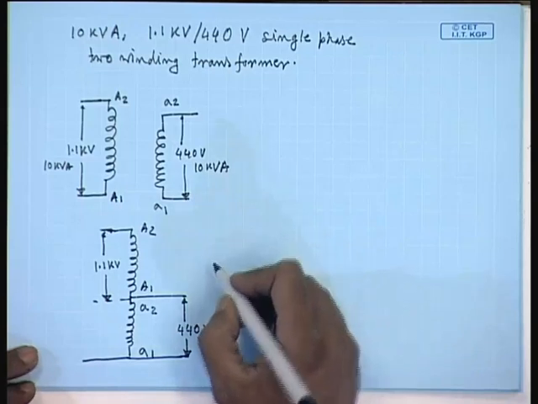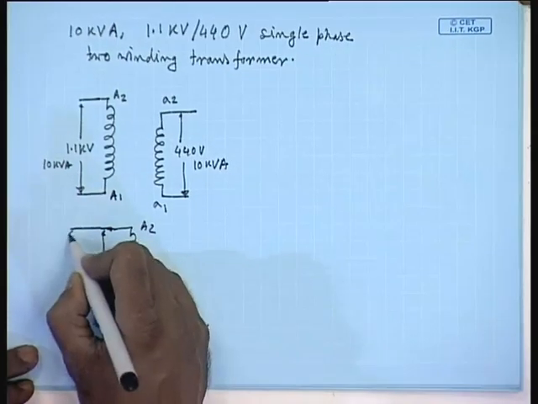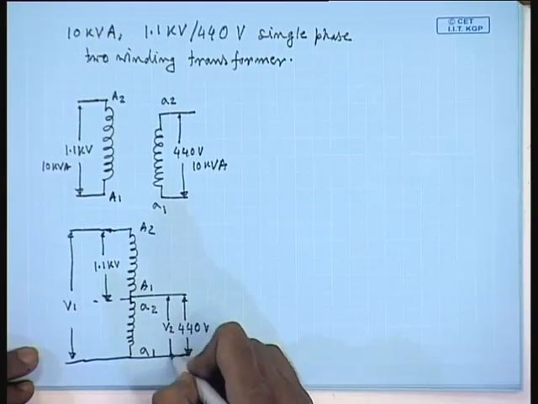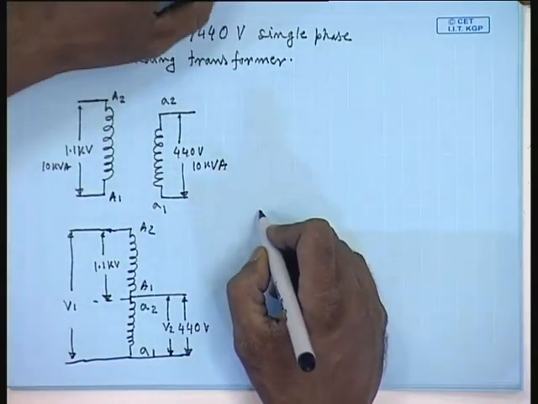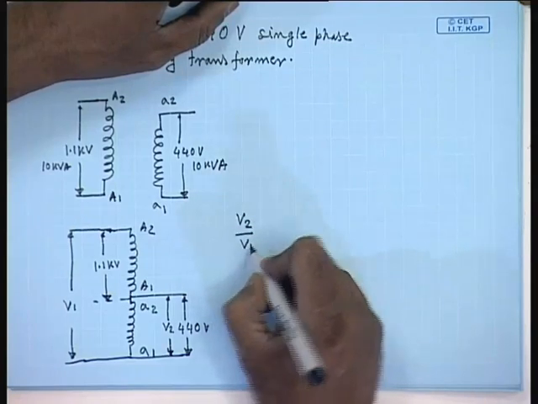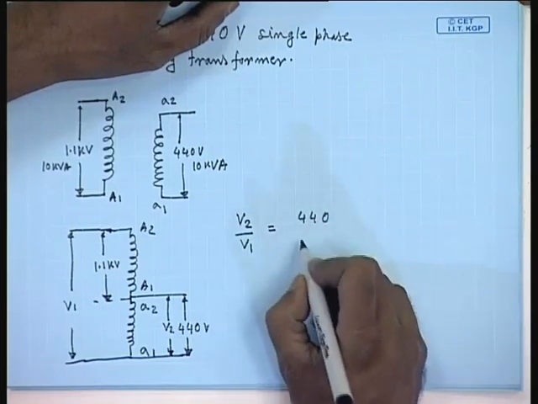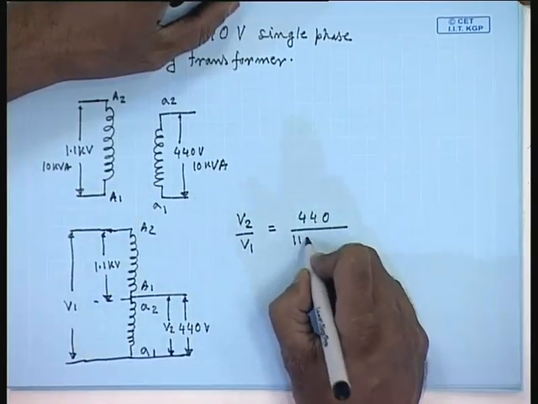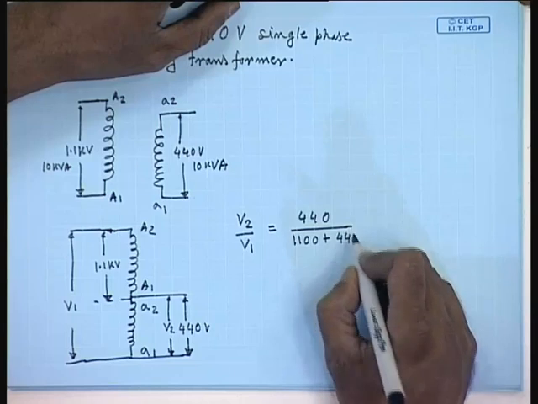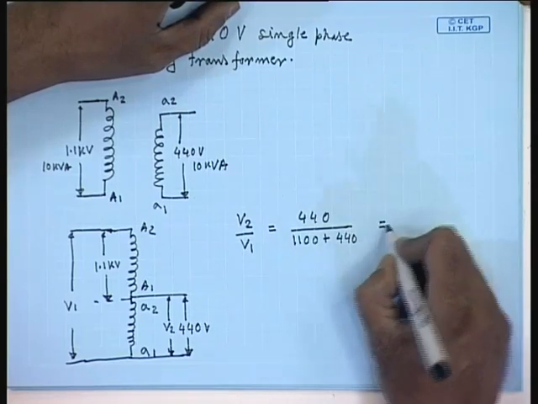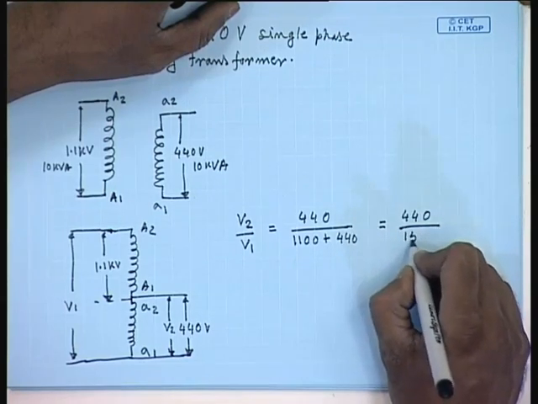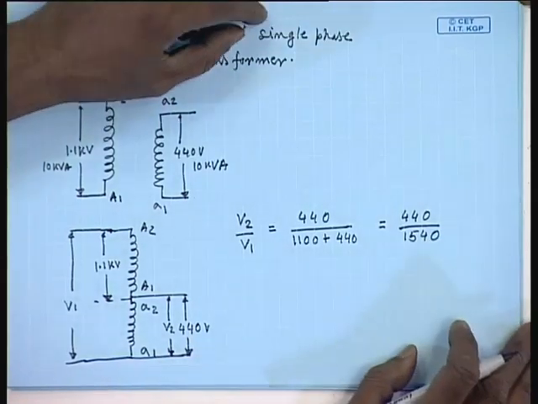Hence, the voltage ratio V1 by V2 or V2 by V1 here can be 440 divided by 1100 plus 440, equal to 440 divided by 1540. This is the voltage conversion ratio.